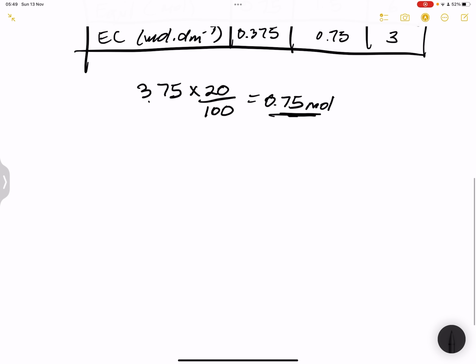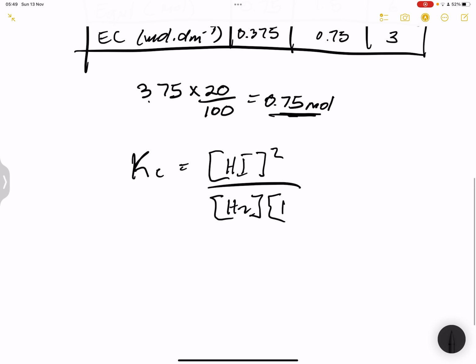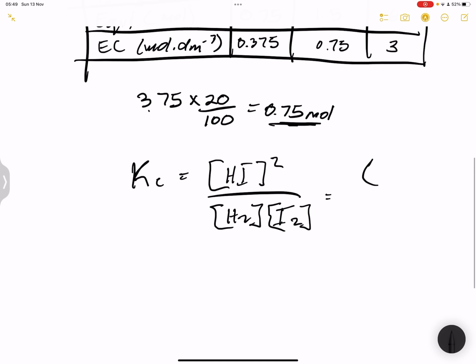And of course, we can now say Kc is the molar concentration of hydrogen iodide squared divided by hydrogen times iodine. In this case, all we simply do, remember when you substitute, you use round brackets.